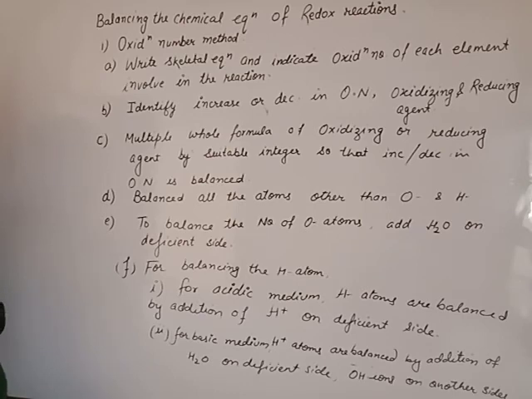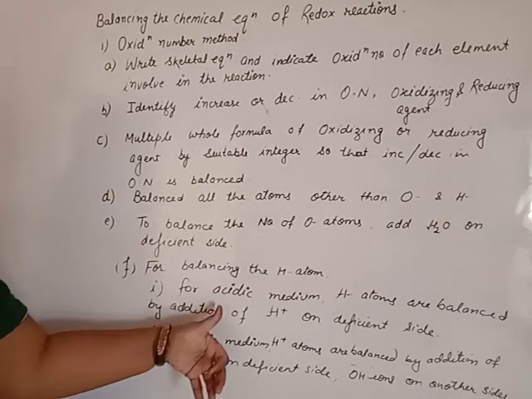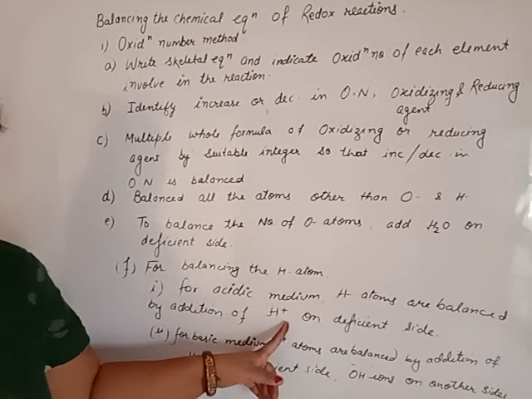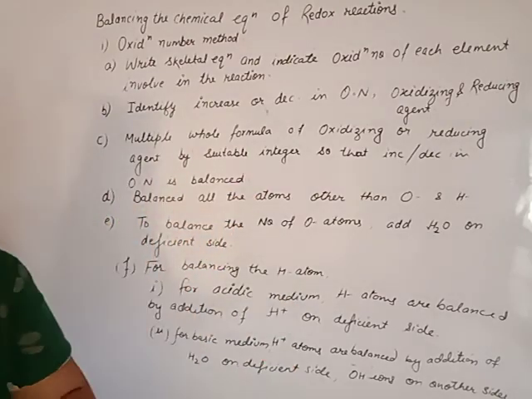Then after this, you will balance all the atoms other than hydrogen and oxygen. Then for balancing the oxygen, you must add H2O. But for hydrogen, you must identify reaction is acidic or basic. If reaction is acidic, you will add H positive ion on deficient side.